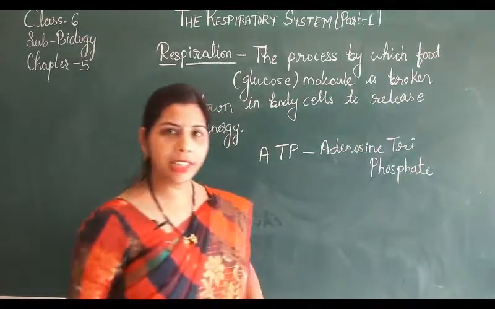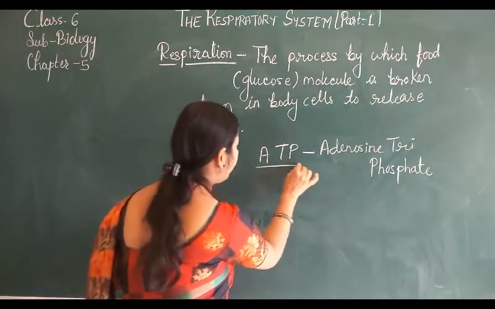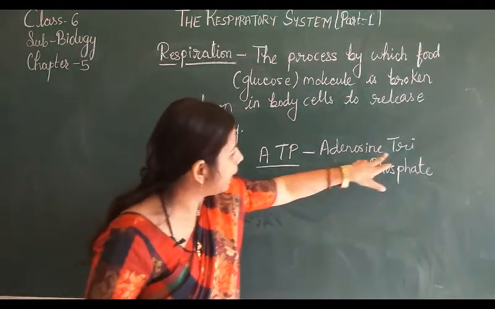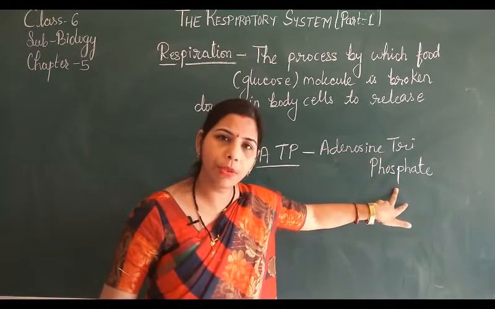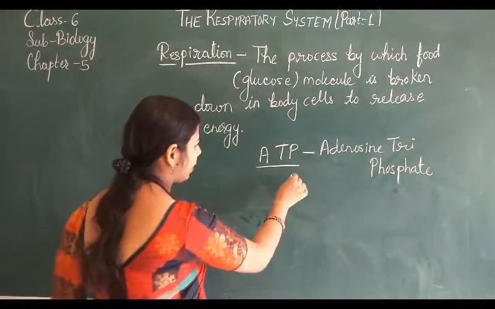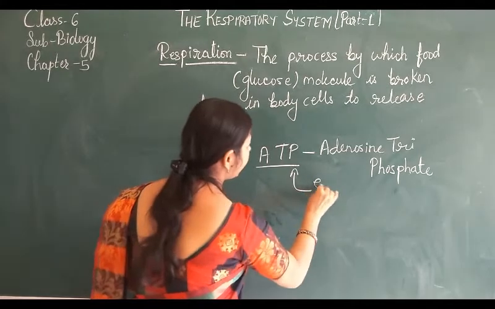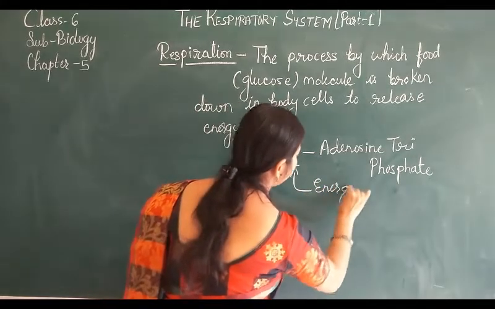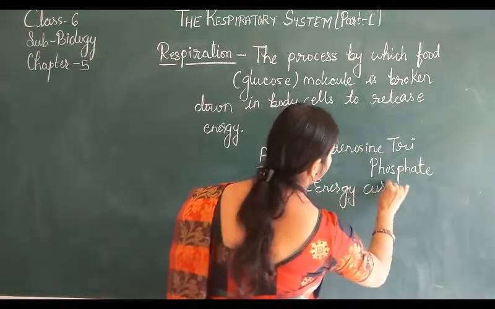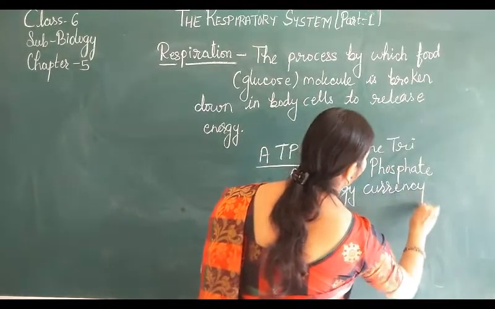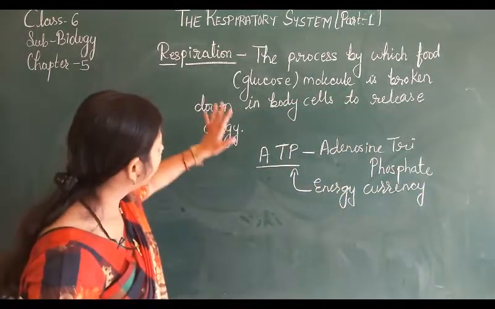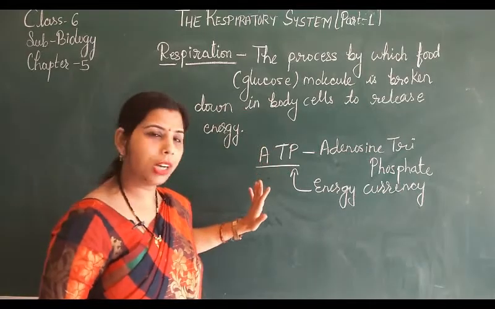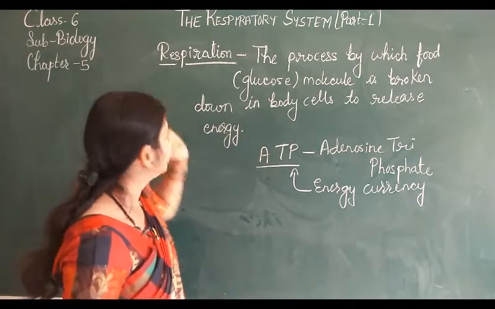So the energy is stored in the form of ATP, and the full form of ATP is adenosine triphosphate, which is also known as the energy currency of the cell. I hope you now know about the respiration.